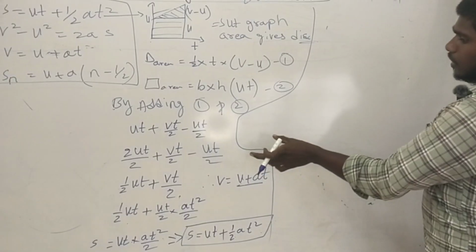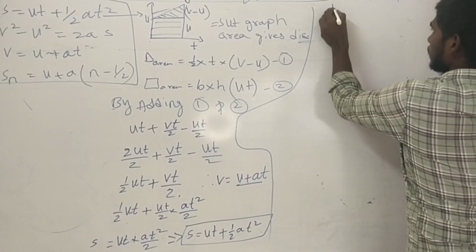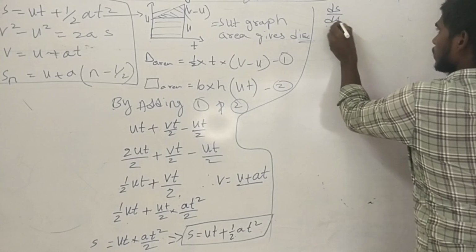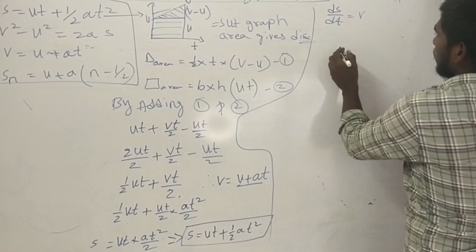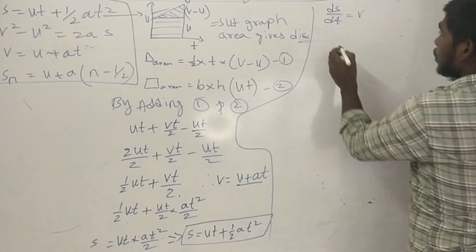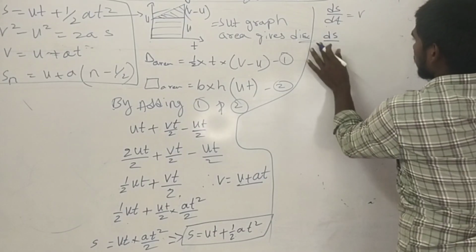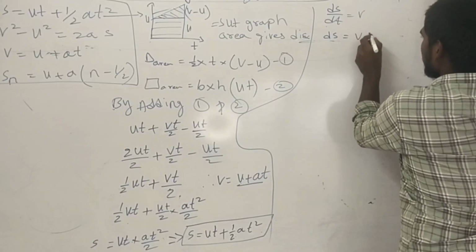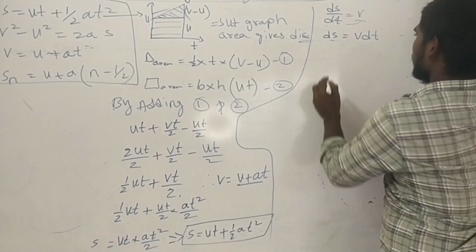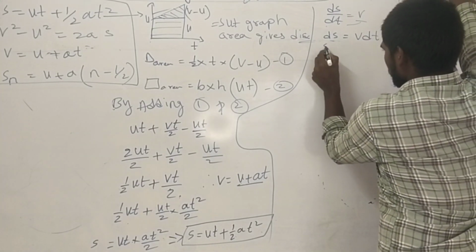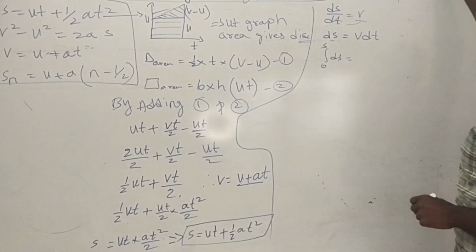The same formula I am now going to derive by using the calculus method. ds by dt is equal to velocity. Yes or no? ds by dt is equal to velocity, right? So ds is equal to v dt. If you integrate this from 0 to s, ds is equal to the integral of v dt.